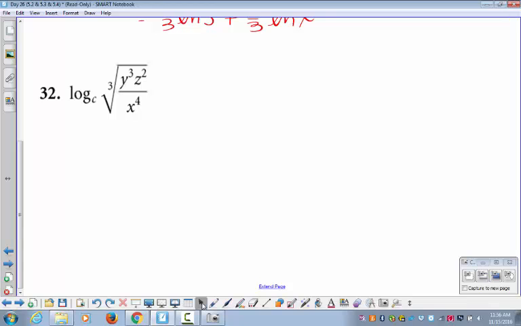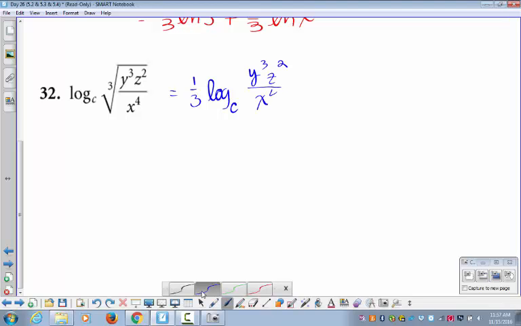So this one, similar to the last one, there's a predominant operation here of a 1/3 power, so that 1/3 comes out in front. We're going to log base C of this fraction. Now when we look inside that fraction, the predominant operation is division.